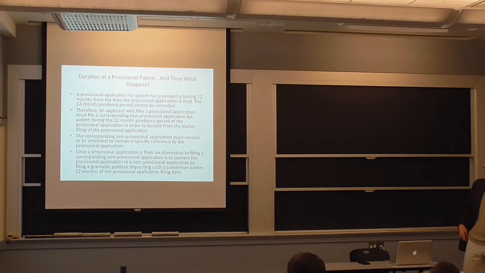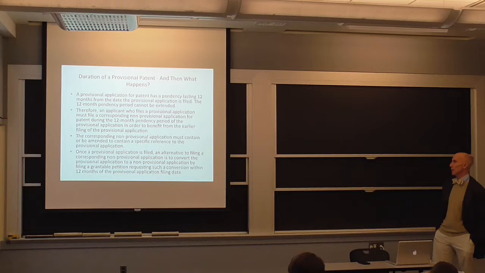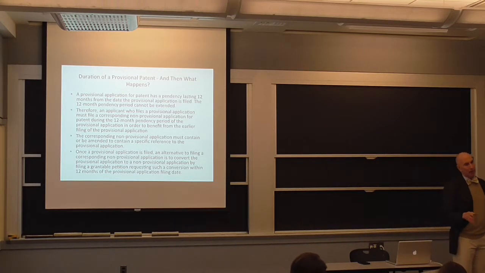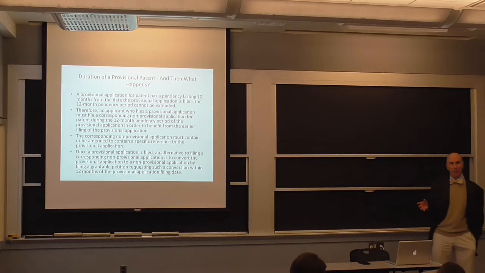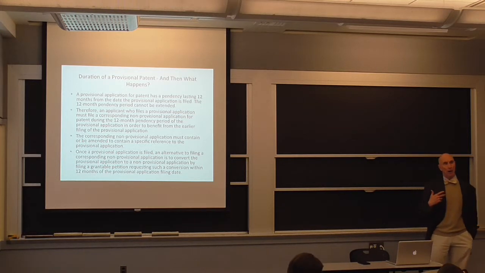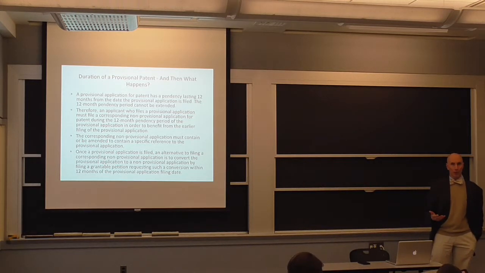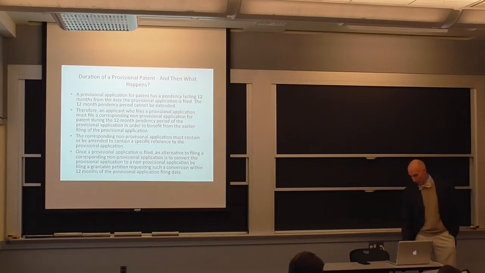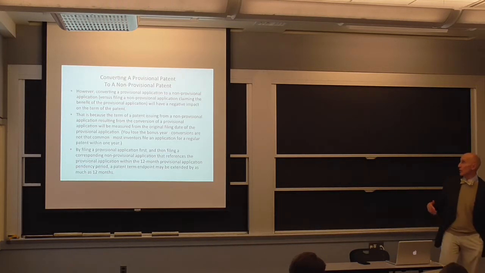And once a provisional application is filed, an alternative to filing a corresponding non-provisional application is to convert the provisional application to a non-provisional application by filing a grantable petition, but I never recommend that anybody do that. It is a possibility. I can't think of a single set of circumstances where you would do that, but that's one of the options that you have.